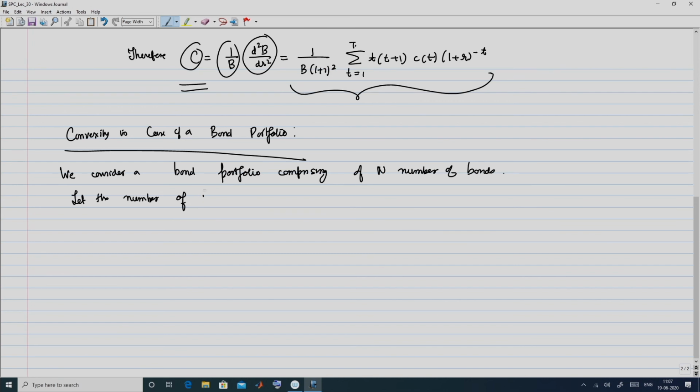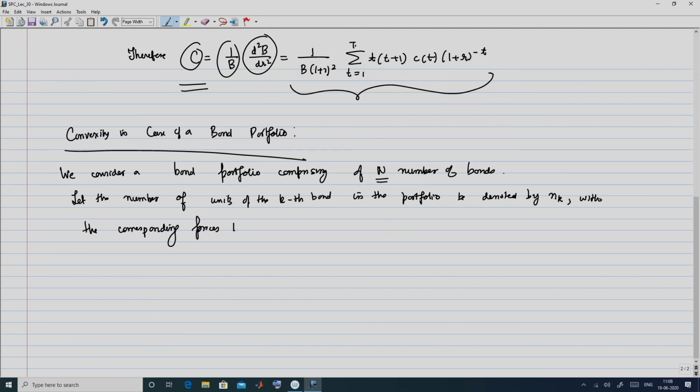Let the number of units of the kth bond in the portfolio of these N bonds be denoted by n_k, with the corresponding prices being denoted by B_k(r), for k equal to 1 all the way to capital N.